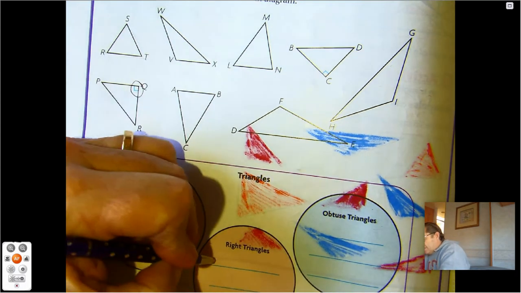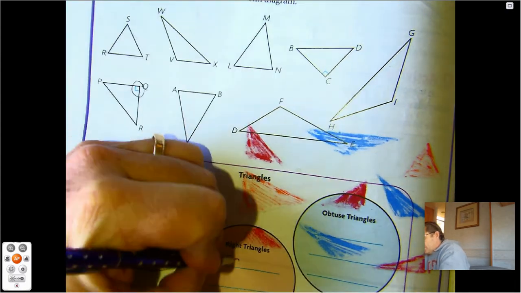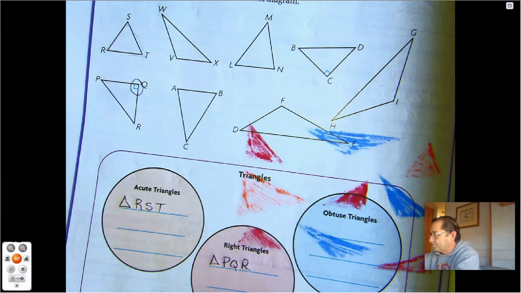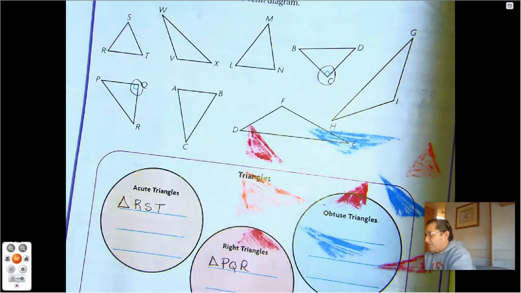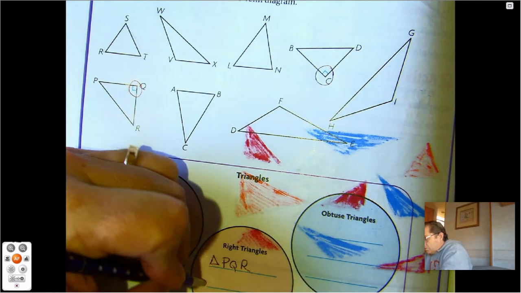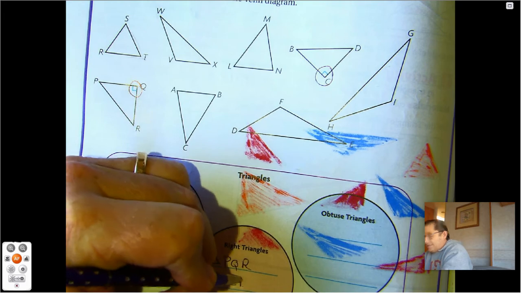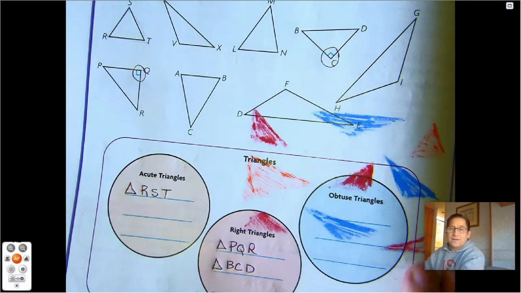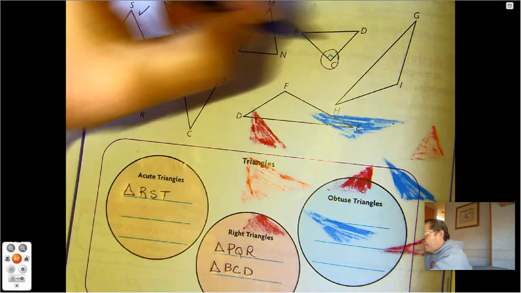So we're going to call that triangle PQR. This is also a right triangle. So triangle BCD. Okay, so we've named that one, and that one.